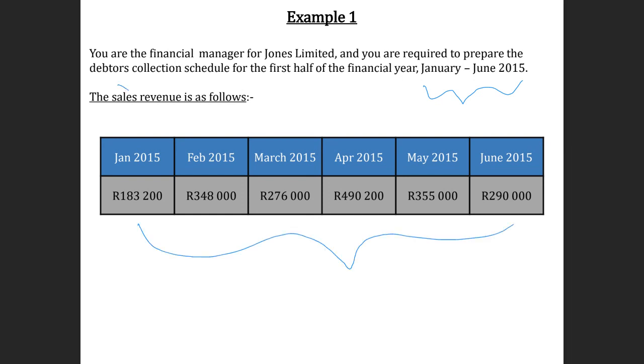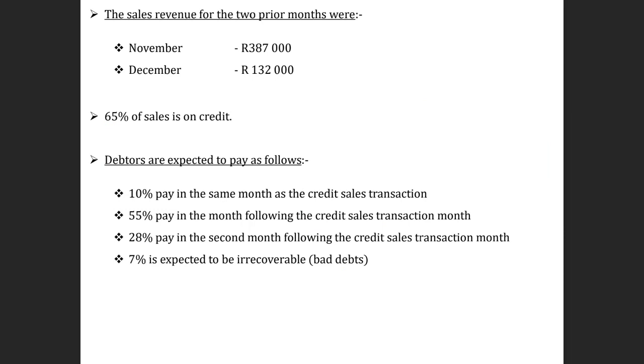Remember, they said sales revenue, not credit sales, which means that you will need to convert this to a credit sales basis first and then use it in your calculation. On the next slide, they said that these were also the sales for the 2 months prior, which was November and December.